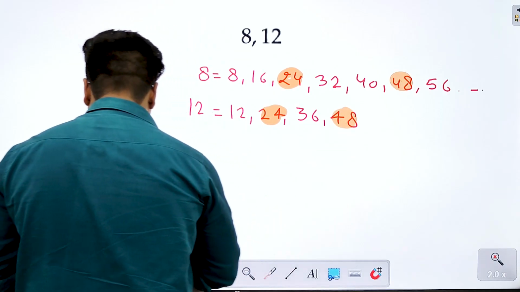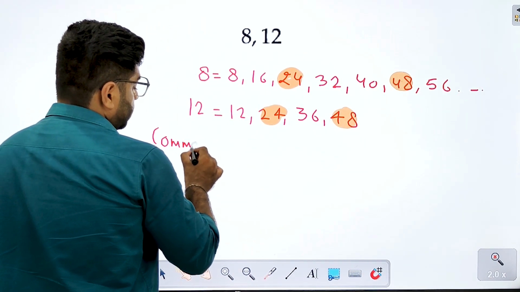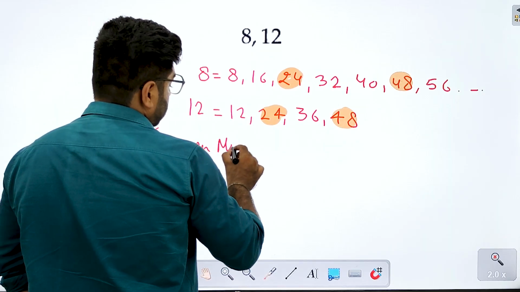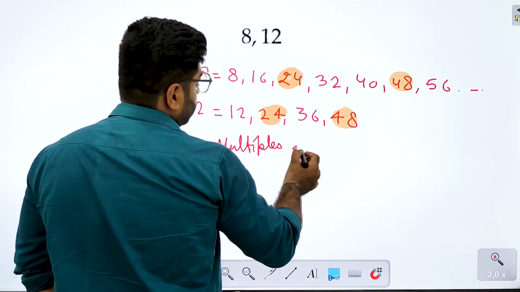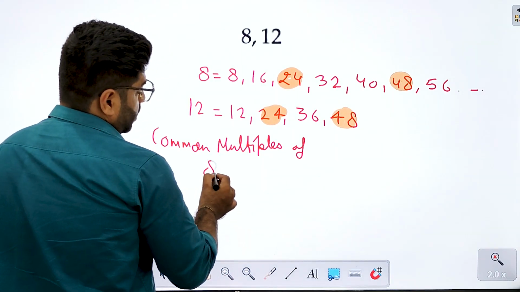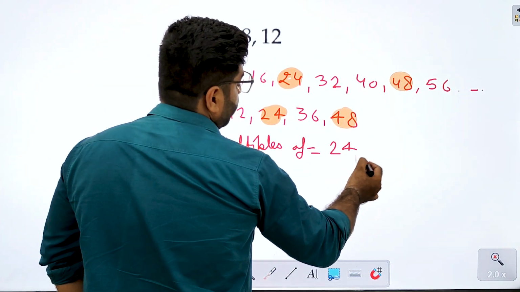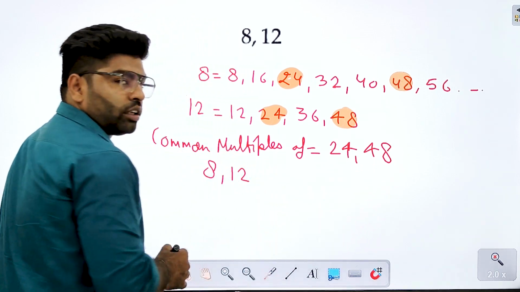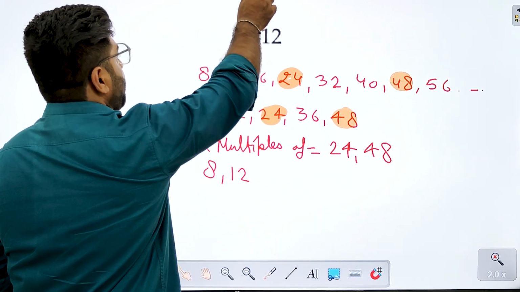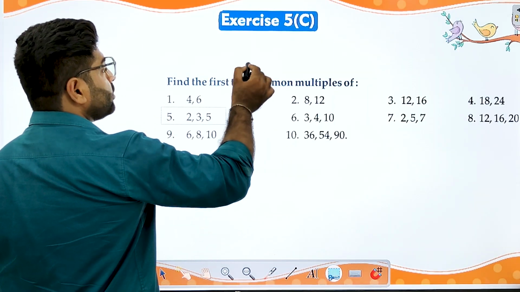So we can say that the common multiples of 8 and 12 are 24 and 48. Clear?